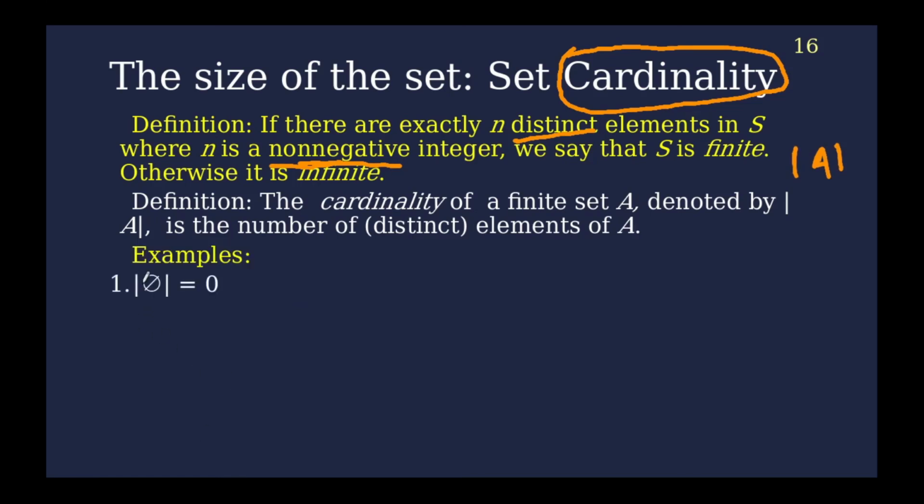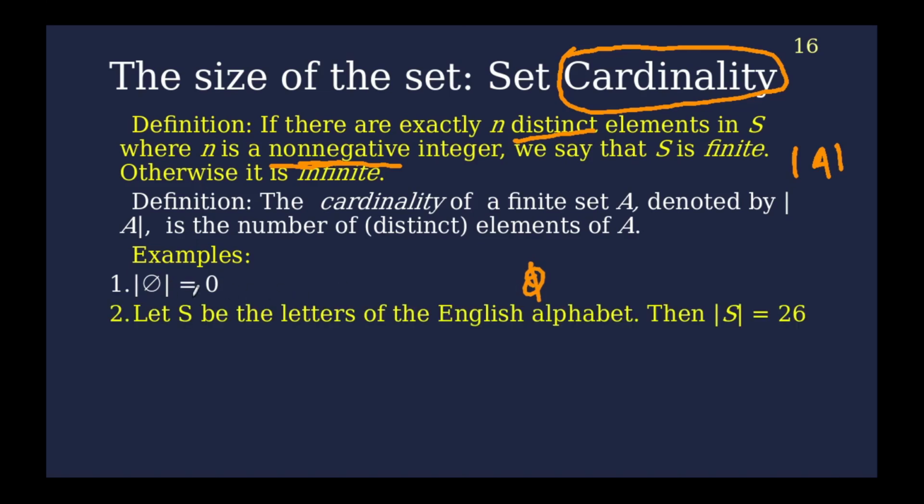For example, cardinality of empty set. There are no elements in this set, so it is equal to 0. Let S be the letters of the English alphabet, then the cardinality of this set will be 26, because there are 26 alphabets in English. Cardinality of the set having the elements 1, 2, 3: there are 3 elements, so its cardinality is 3.